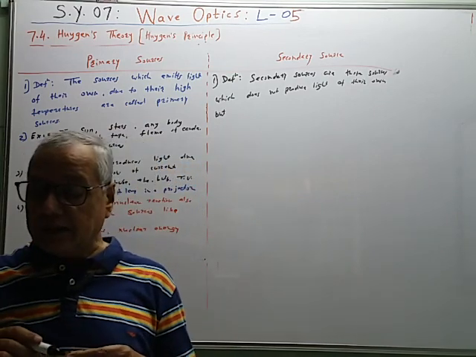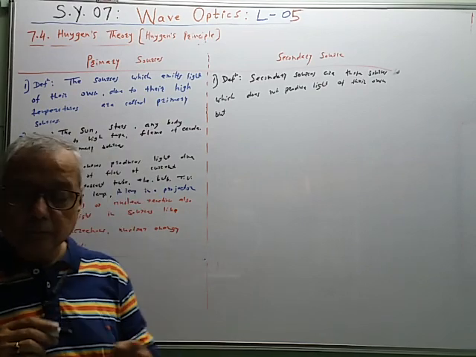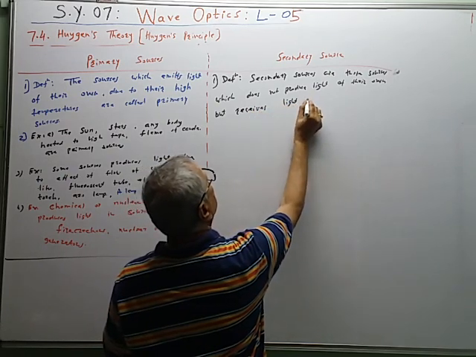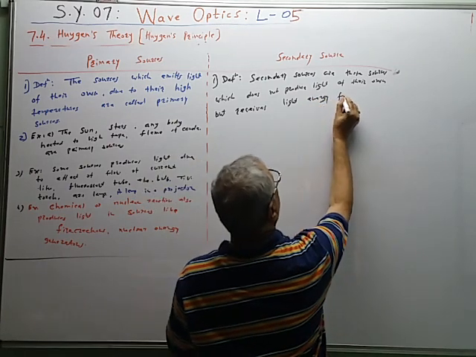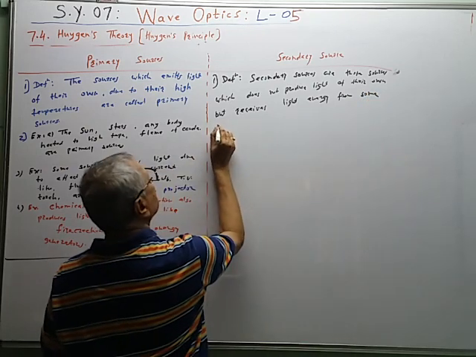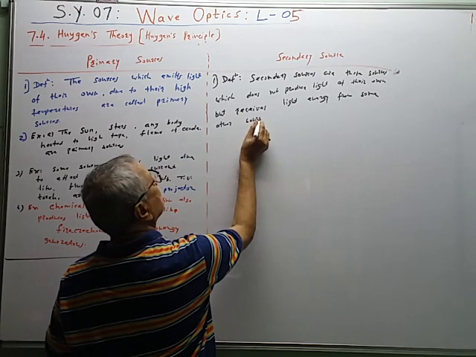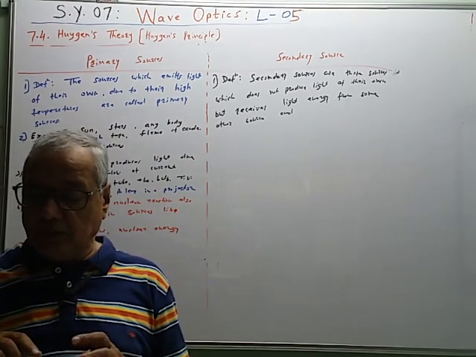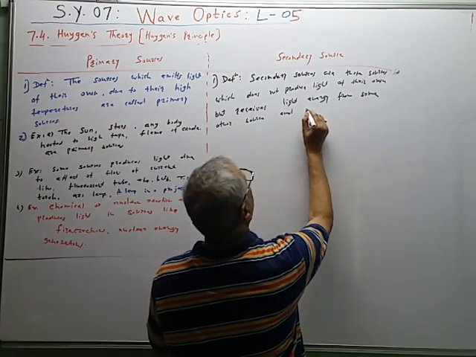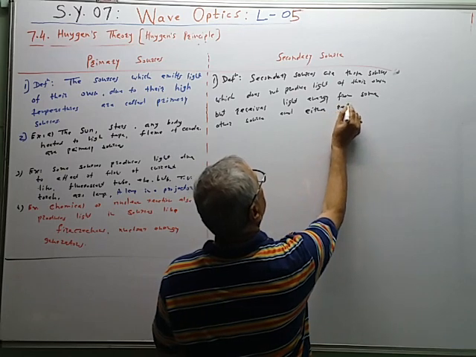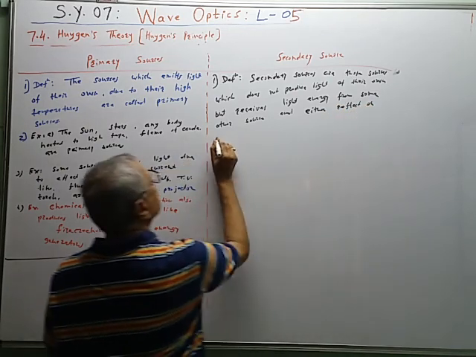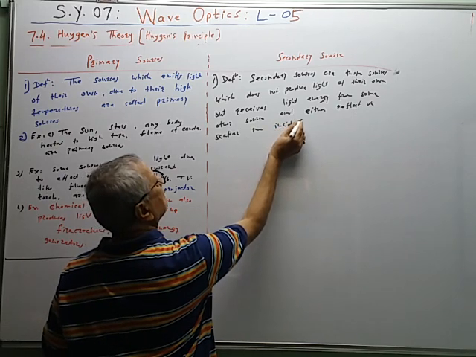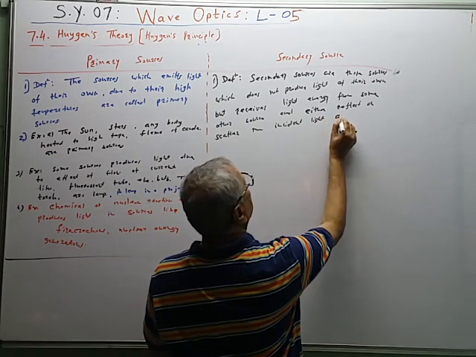Actually what happens, they receive light energy from some other source and either reflect or scatter the incident light around it.